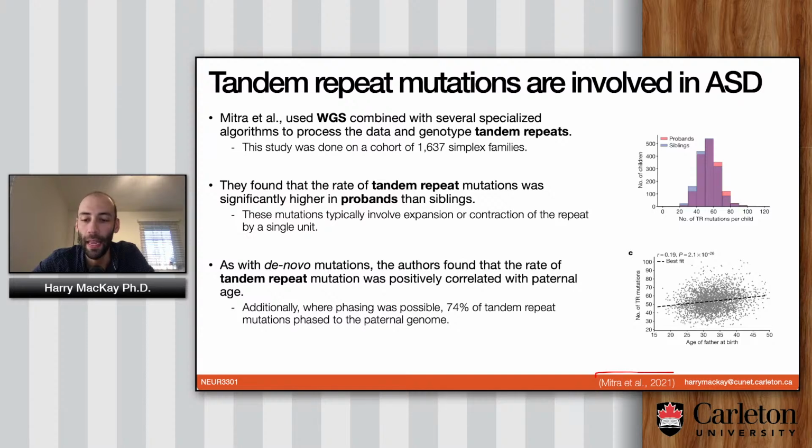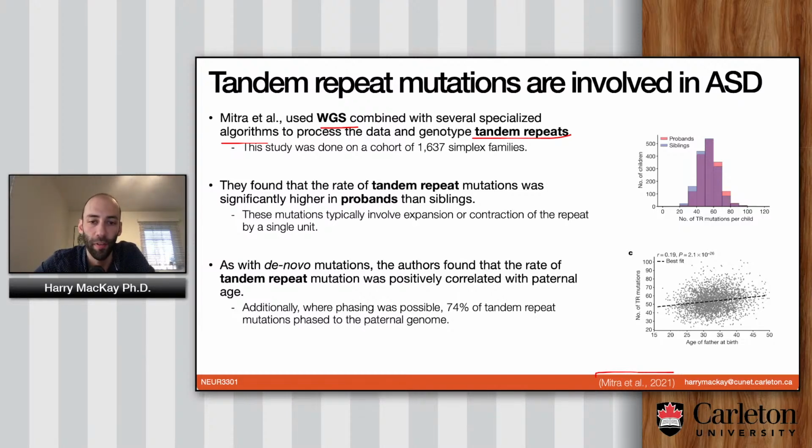But anyway, they did a study where they had developed what amounts to a computational algorithm for processing whole genome sequencing data, WGS is whole genome sequencing, to genotype tandem repeat length. So they found a solution, or they developed a system for using next-gen sequencing to measure repeat length across the genome. And then they did a study of simplex families.